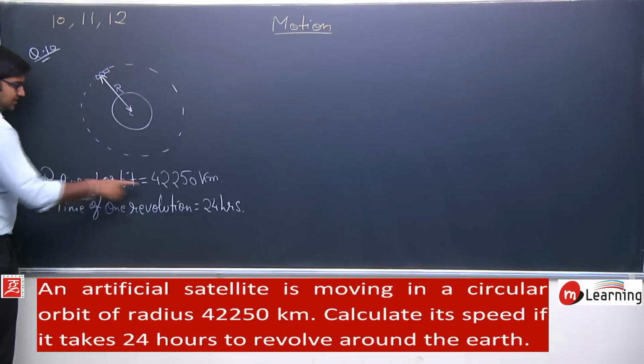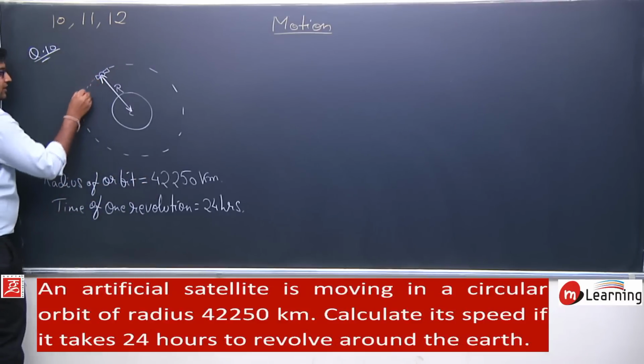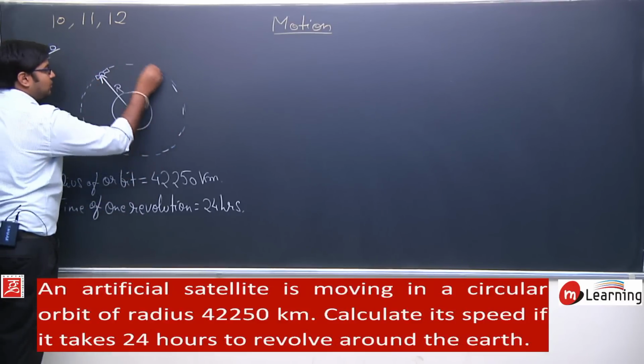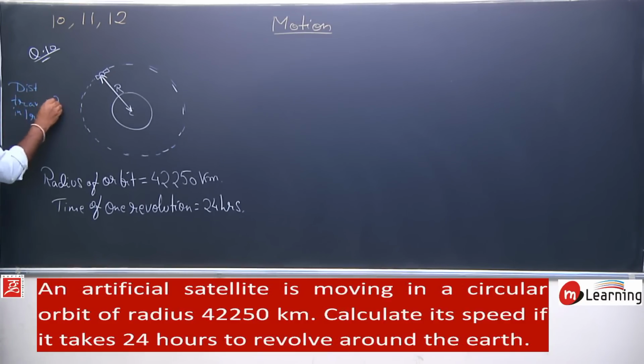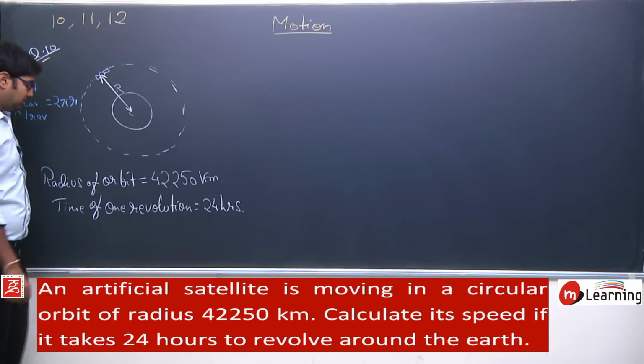In 24 hours, the satellite is covering one complete revolution. So distance travelled in one revolution is equal to 2 pi r. This is a circular orbit, 2 pi r.